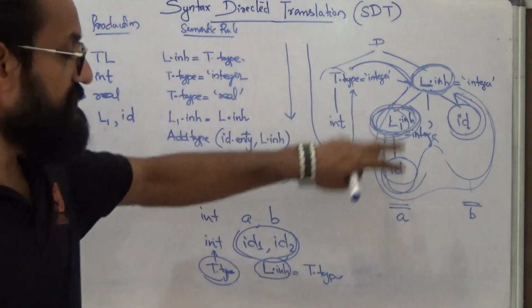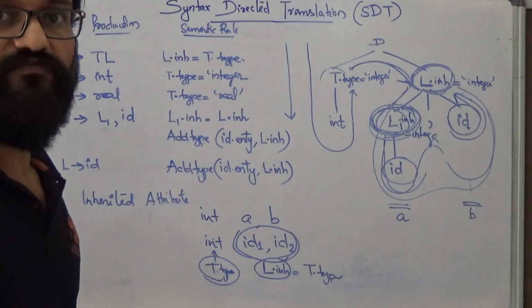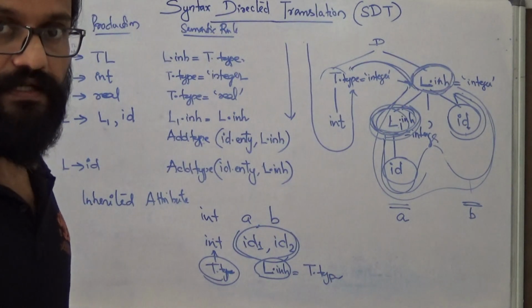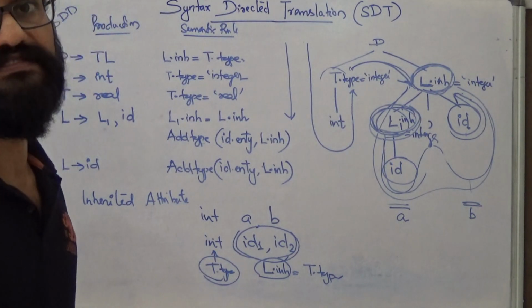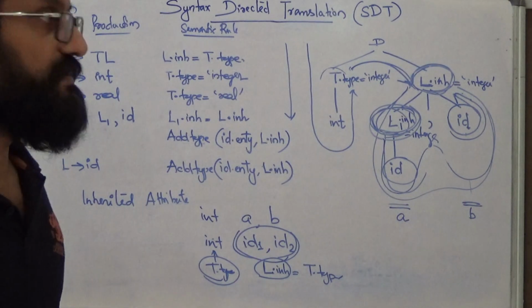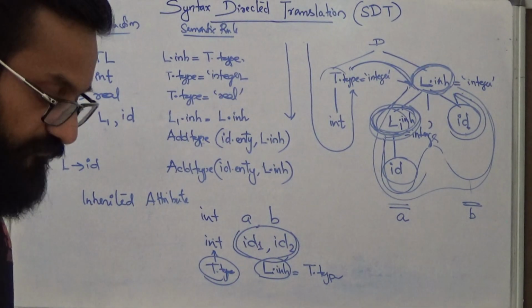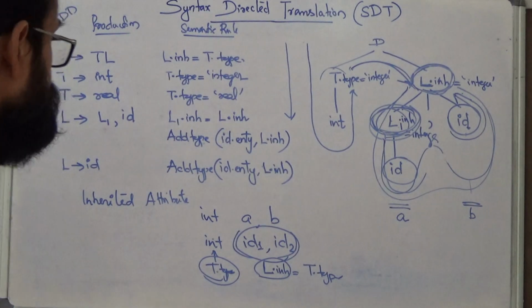So while processing this syntax tree by applying the semantic rule, type information gets updated in the symbol table, which will be used in future by the semantic analysis phase in order to verify whether the meaning of the program is correct or not.